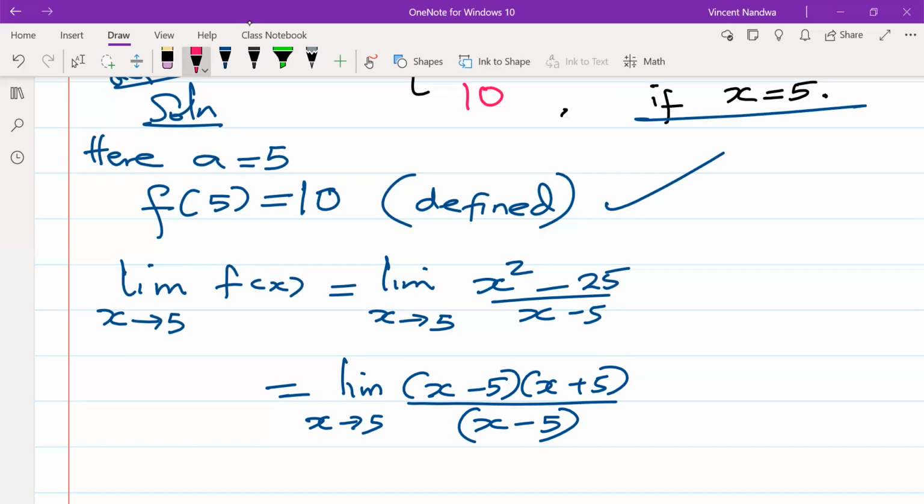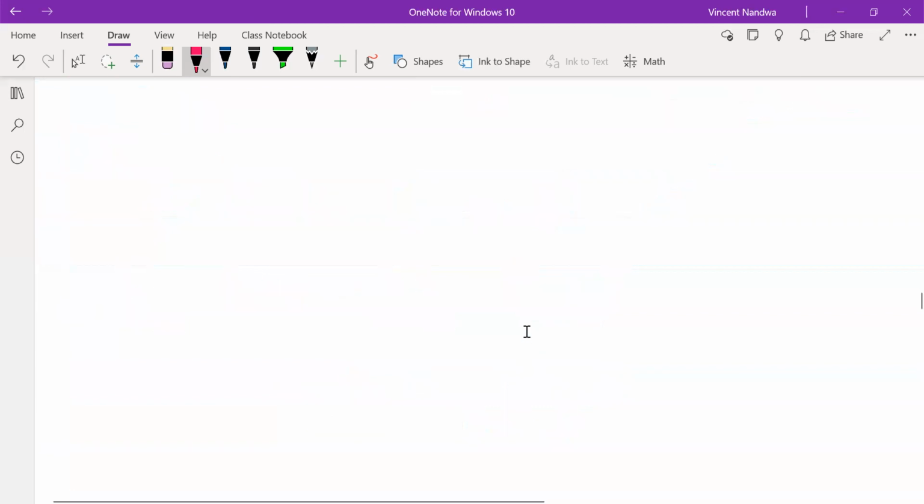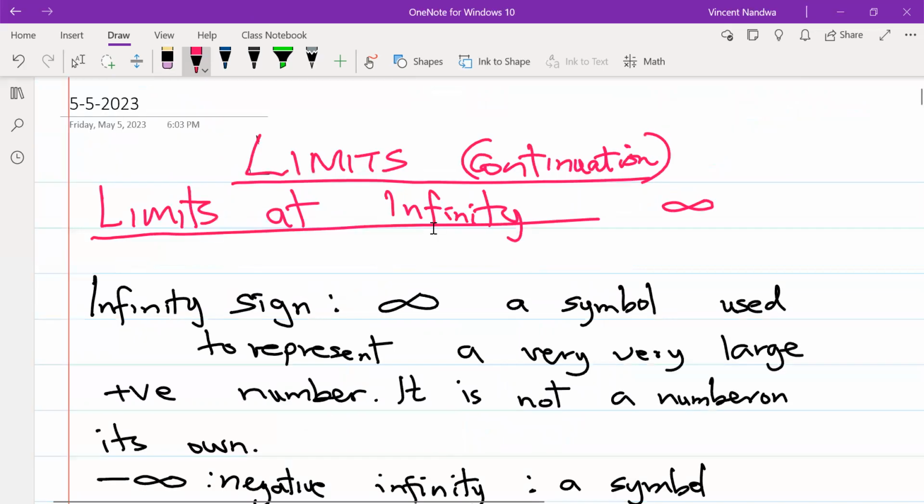If x is not approaching either plus infinity or minus infinity, that is not what we do on evaluation of limits. That's why it was a special section, and we called it limits at infinity. So there's a special way we deal with them.